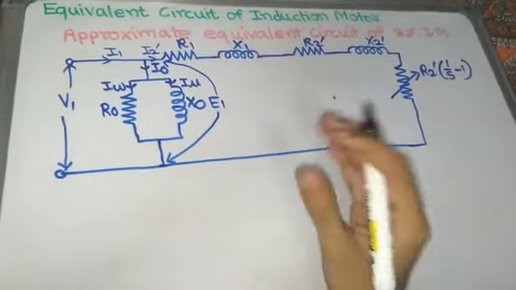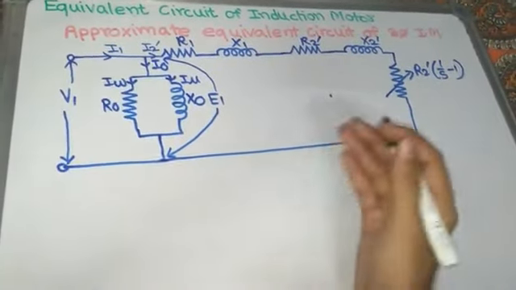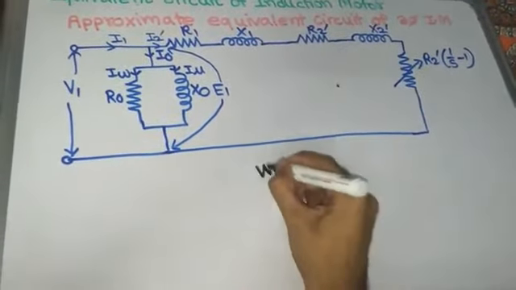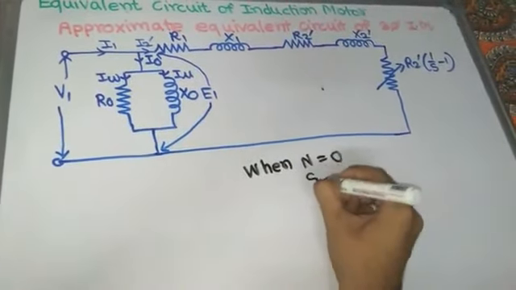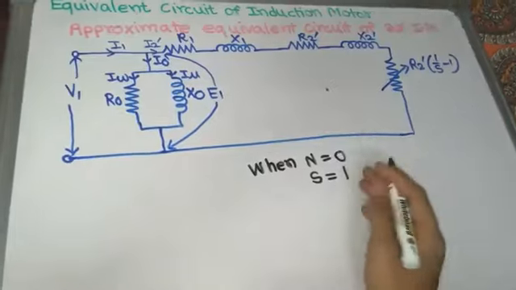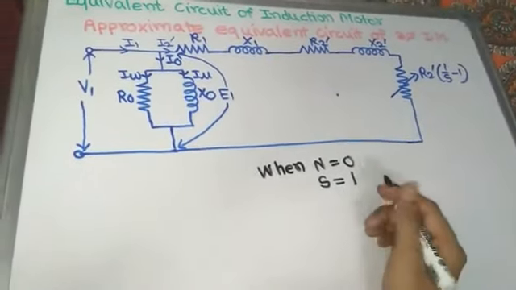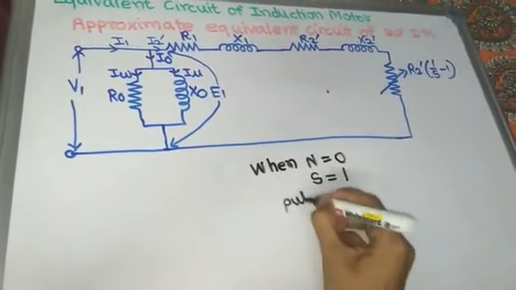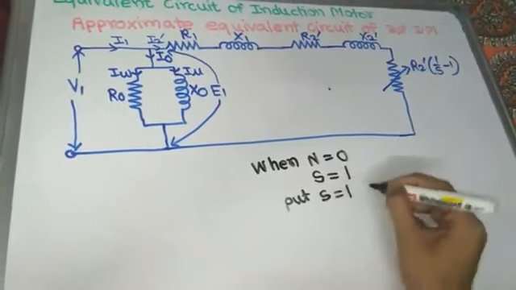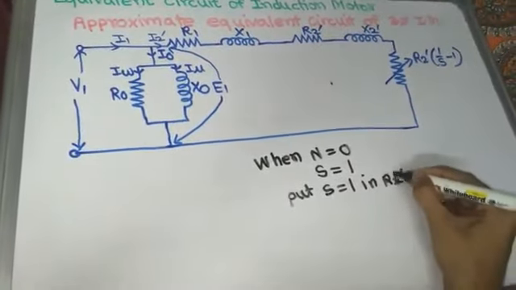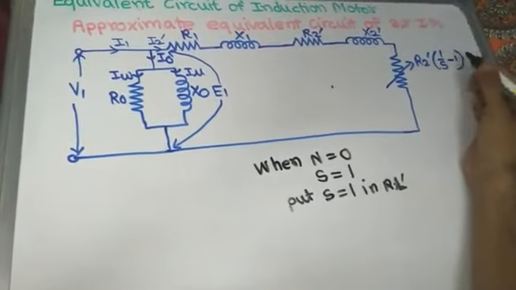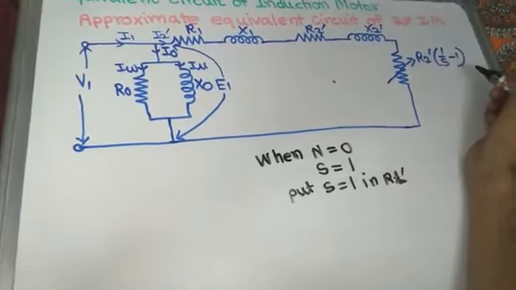Now we can analyze the three-phase induction motor in the case of starting. When N equals 0, meaning speed equals 0, slip is equal to 1. We have already seen this. So now we put slip S equal to 1 in RL dash, which is R2 dash in bracket 1 by S minus 1.